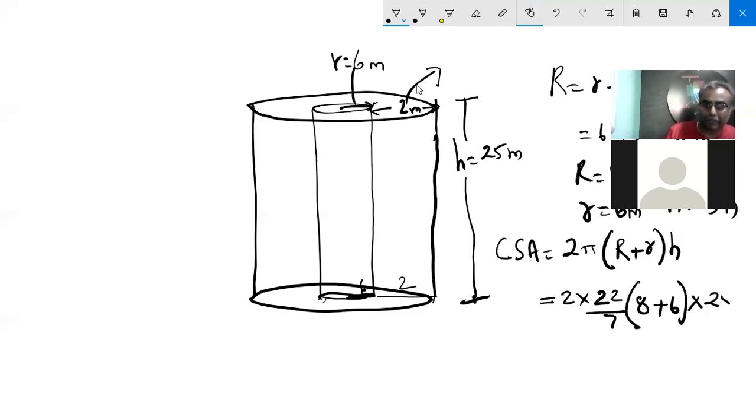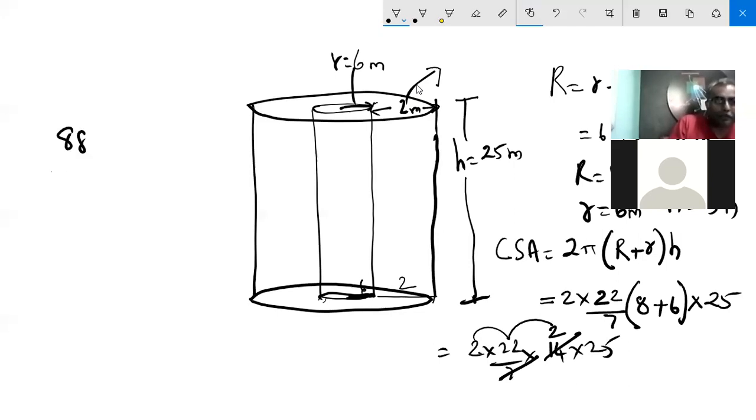That is equal to 2 into 22 by 7 into 8 plus 6. 8 plus 6 is 14. 7 will go in 14 two times. 2 into 22 is 44. 44 into 2 is 88. Now you have to find 88 into 25.